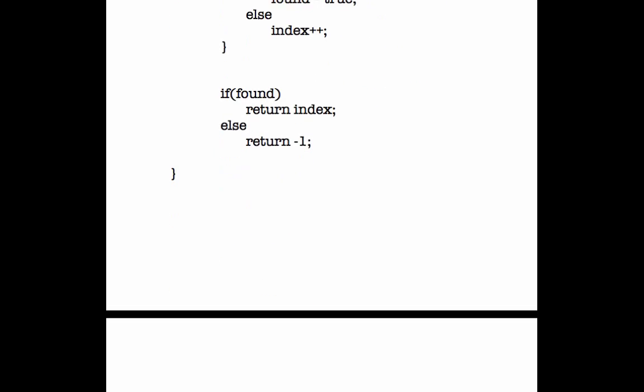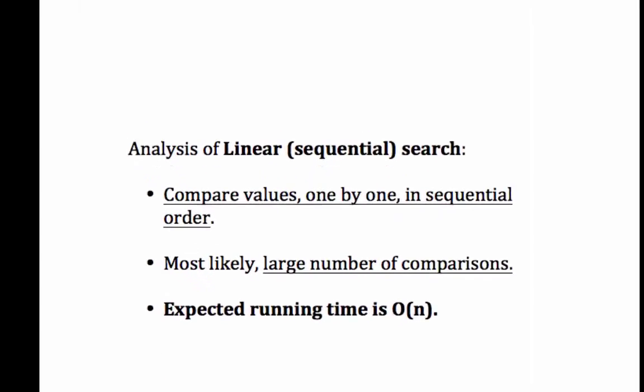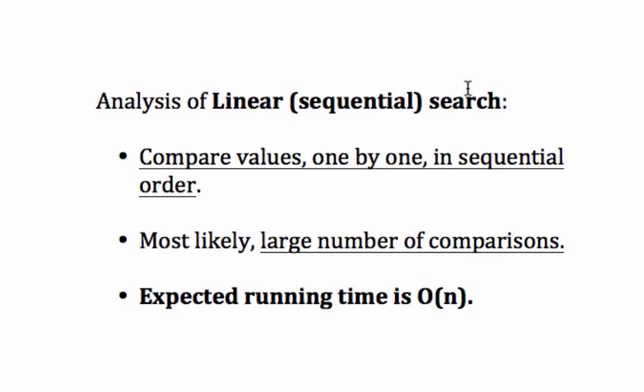So to end this video, let me repeat the analysis that we saw before. So remember, a linear or sequential search, we compare values one by one in sequential order, starting with the first one. And this is very simple because we're talking about arrays, which have indexes, and we can move from one index to the other. This probably and most likely, as in real life, requires a lot of time, a large number of comparisons because we are comparing one by one.